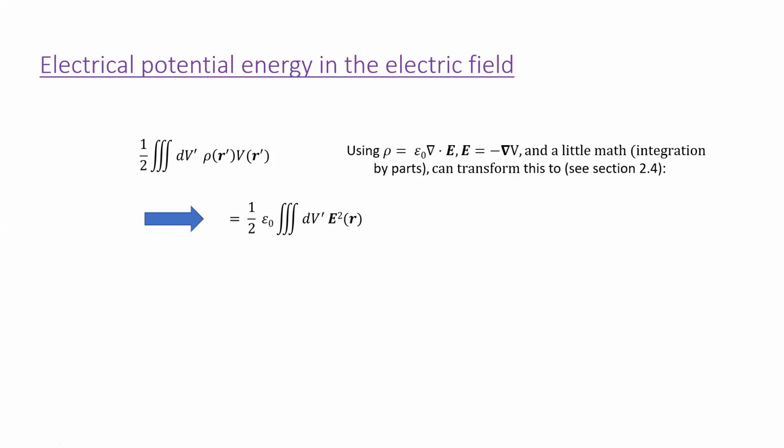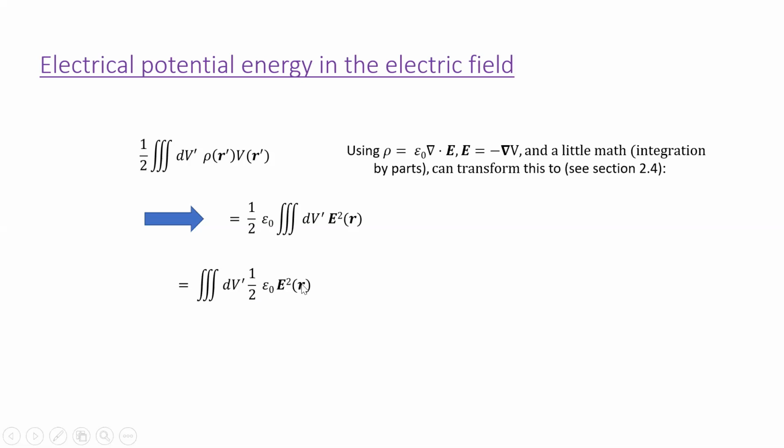Well, you take the dot product of the vector with itself. That's what this E squared really means. Or if we want to bring the 1/2 epsilon naught inside, we'd have the integral of dV prime of 1/2 epsilon naught E squared at the location r.